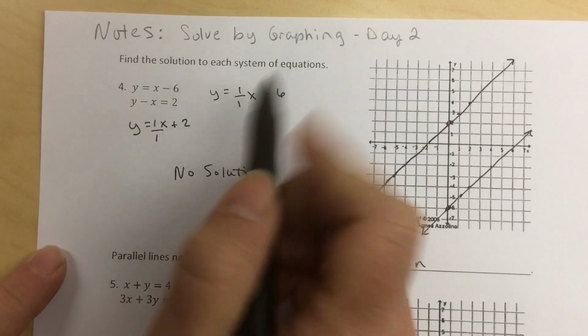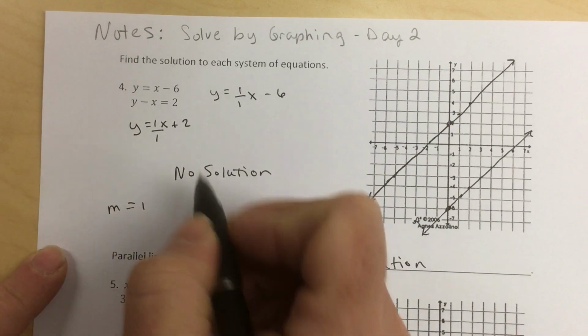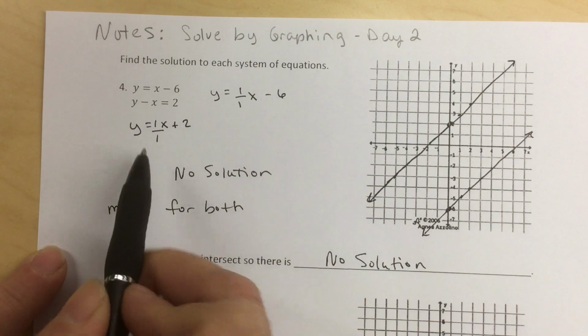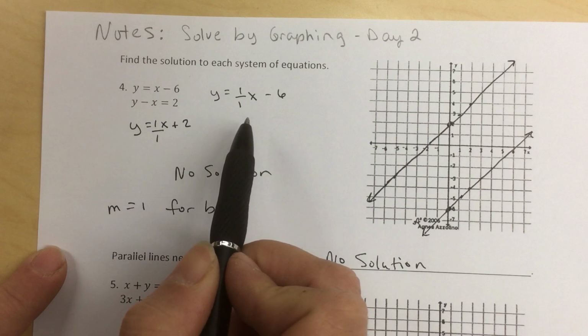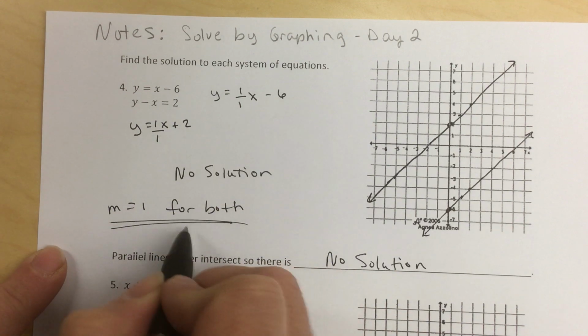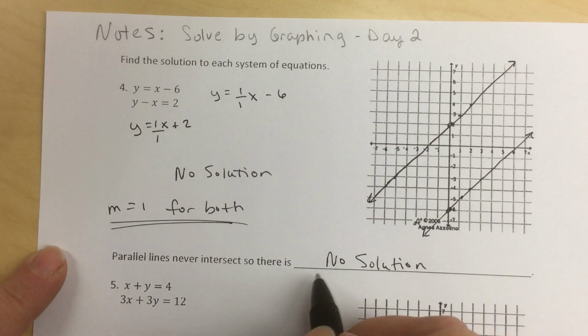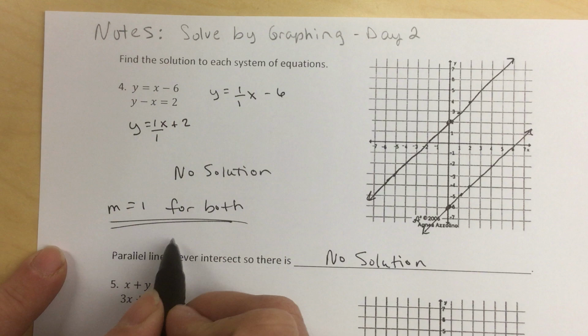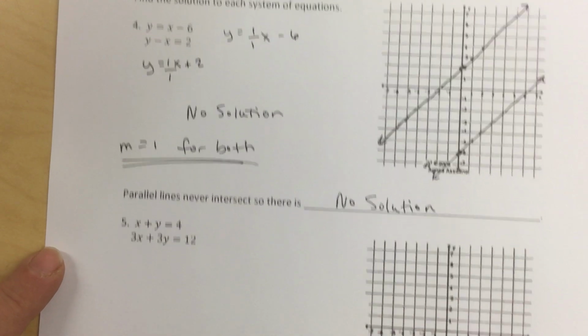The slope on this line is 1, the slope on this one is 1. When you have the same slope, there's no solution, because the same slope is what makes them parallel. Parallel lines have the same slope, okay?